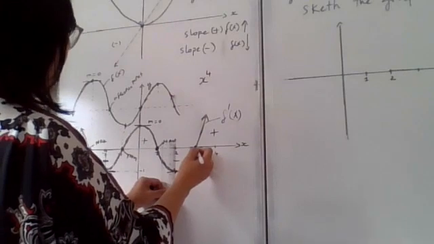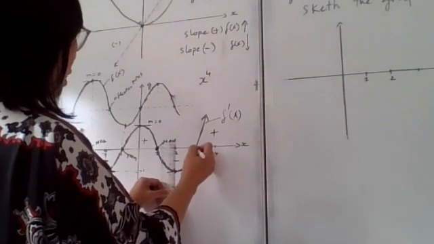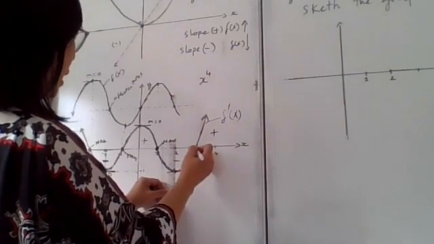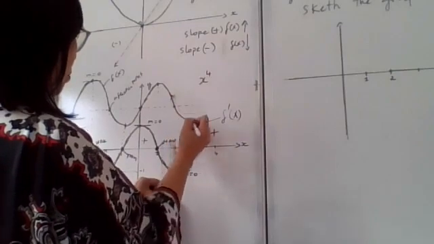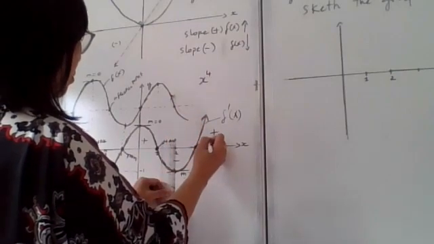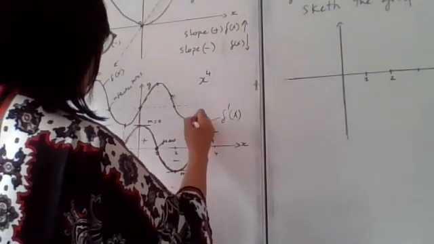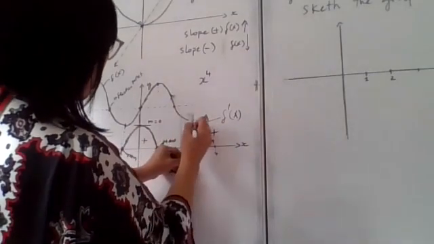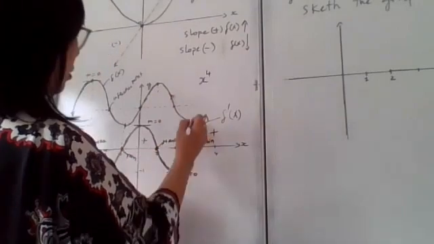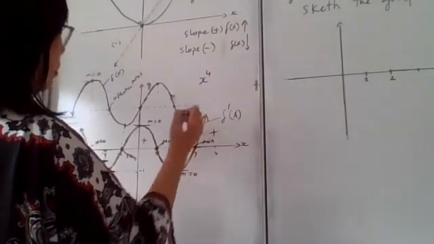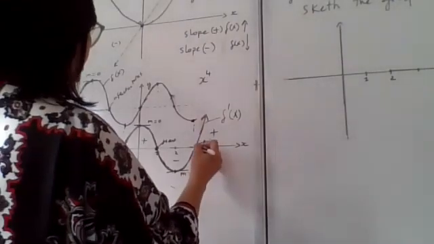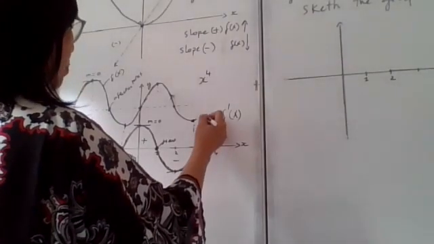And then here, the function cuts through 0. What does that mean? It means we have a horizontal tangent line again, which is a minimum point. So this is minimum. So maximum and then minimum. Minimum right here, okay? And then the slope is positive.